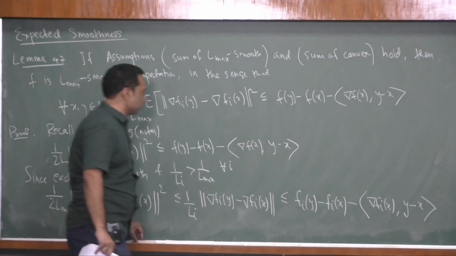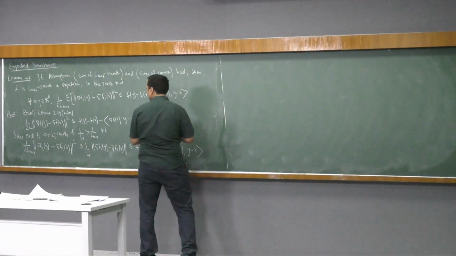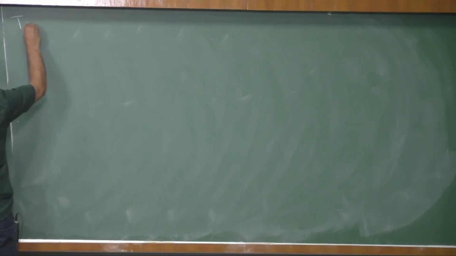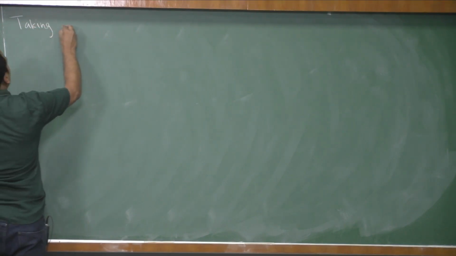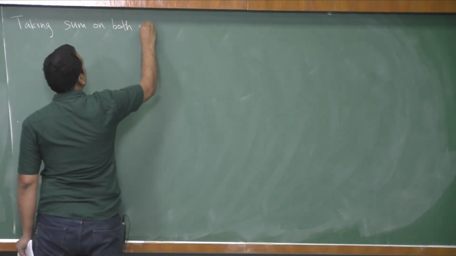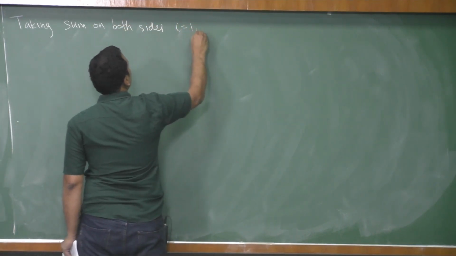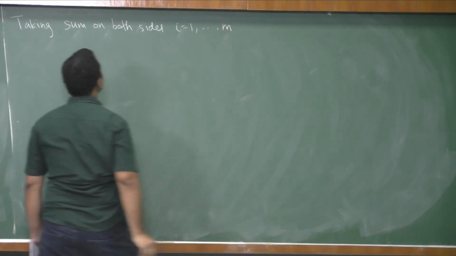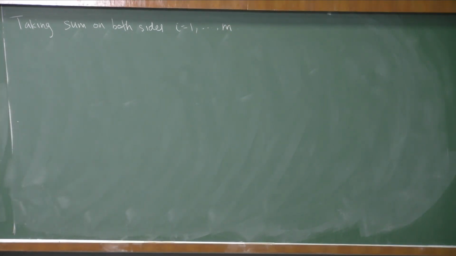Right, so let us do that. Now taking the sum on both sides for i equal 1 to n. I hope I'm not deviating anywhere. That seems fine. And we are also taking 1 by n, so that this guy becomes an expectation.